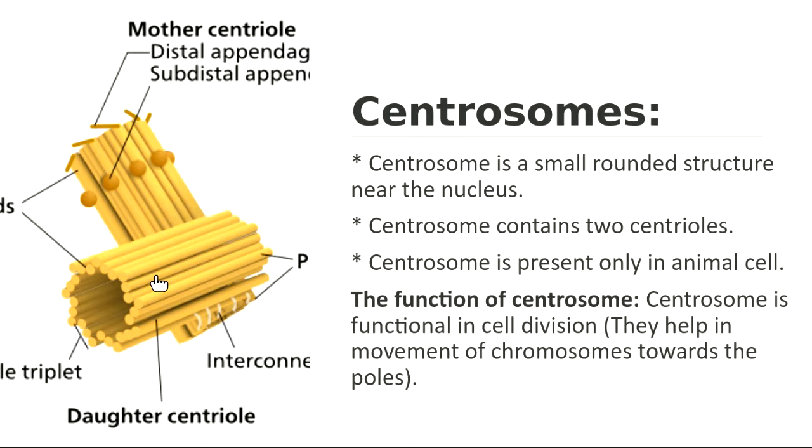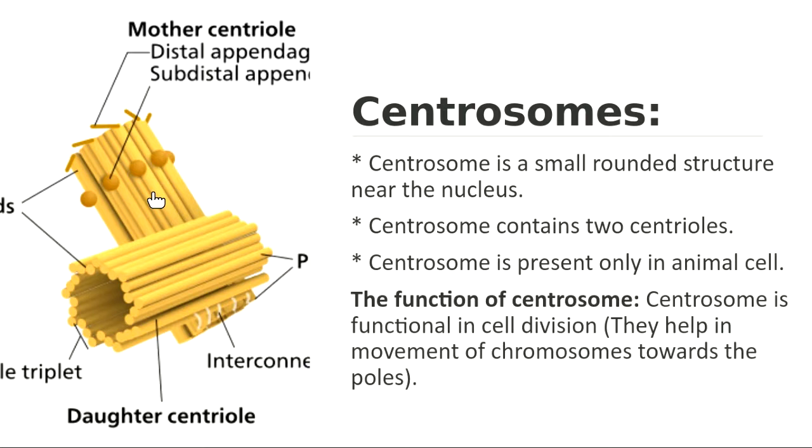These nine parts with the triplet structure combine to form the centriole. So two centrioles combine to form the centrosome. It is a structure which is present only in the animal cell, not in the plant cell.